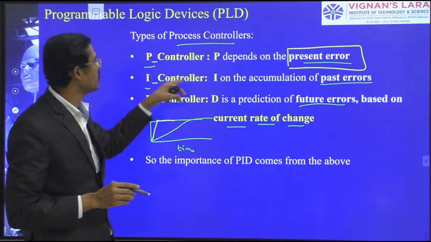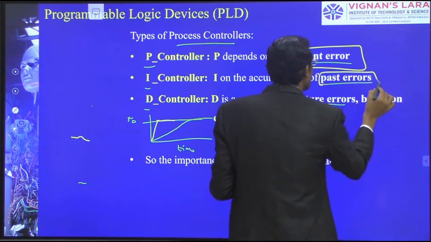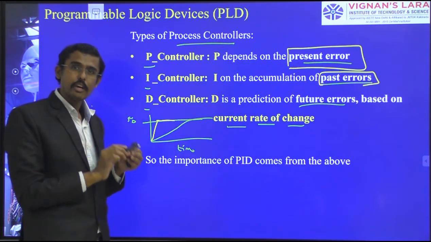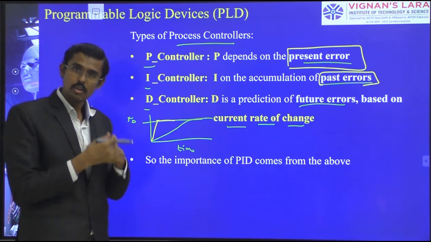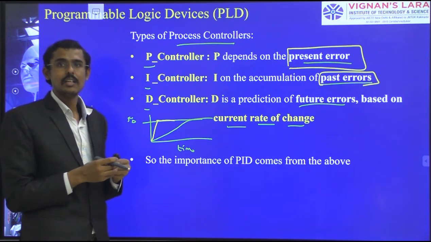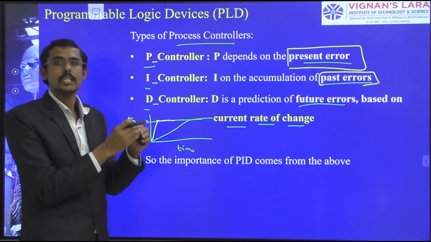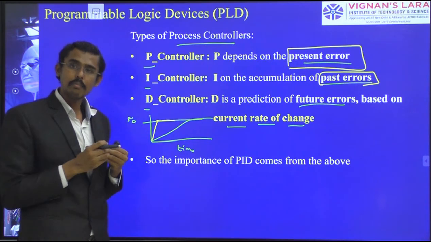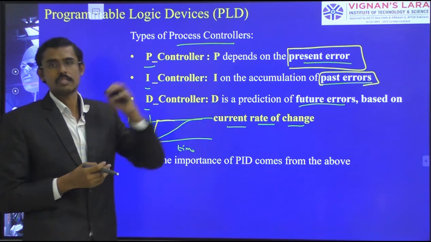I am controlling by giving the input with respect to the past error. I know if we are going at 5 meters per second, we won't reach. If the past error comes at less than that, I know if we are moving at 7 meters per second, we won't reach. This is the past error we know. And I am planning now for 10 meters per second and we will reach.